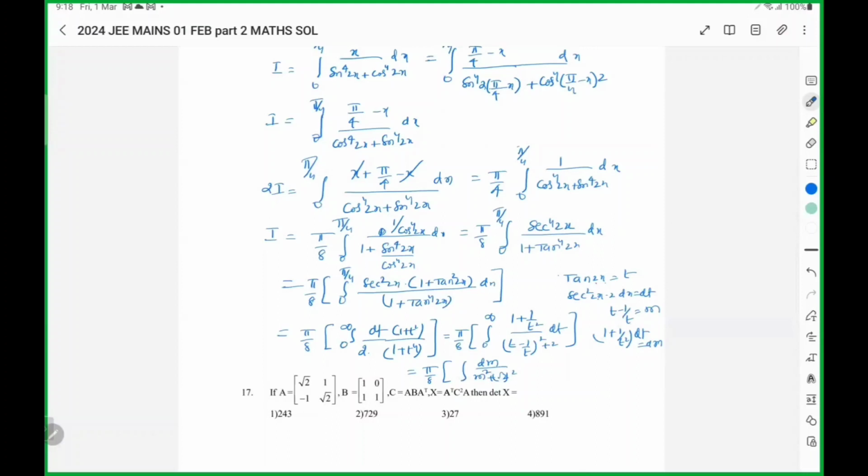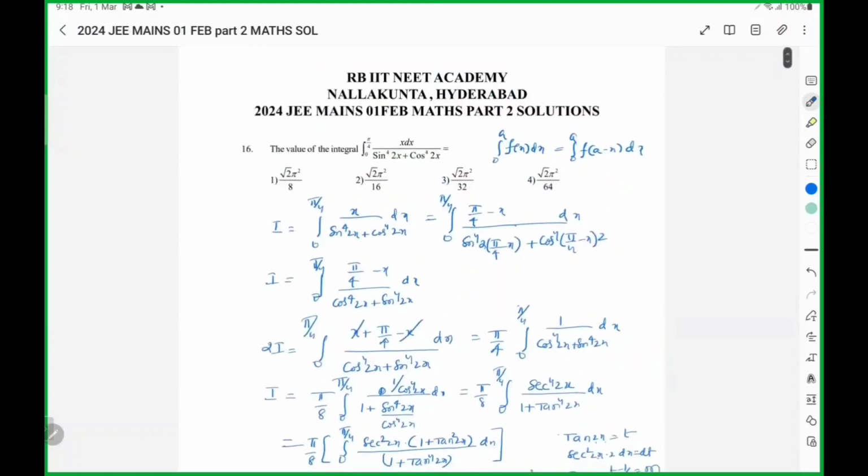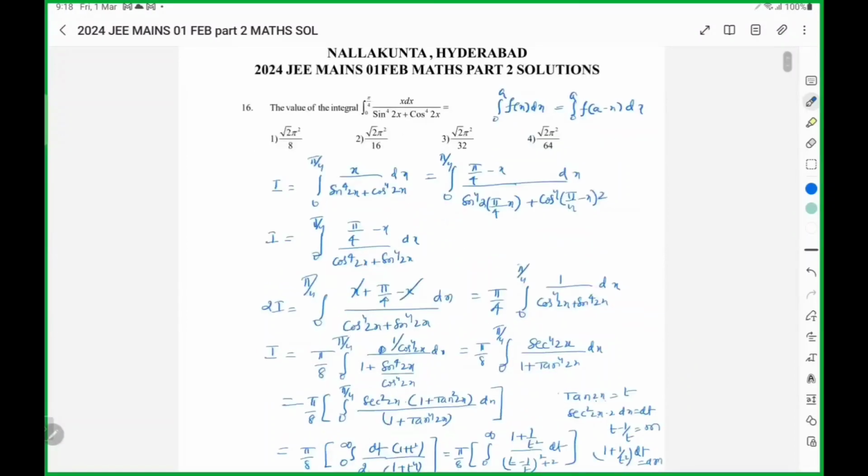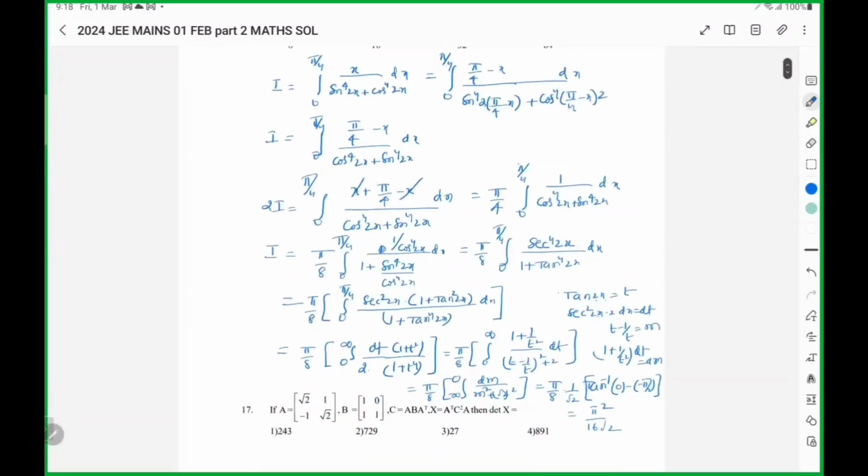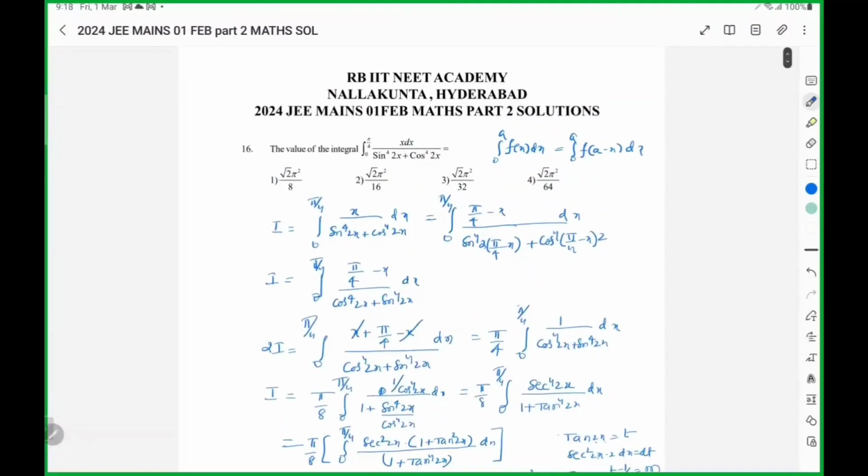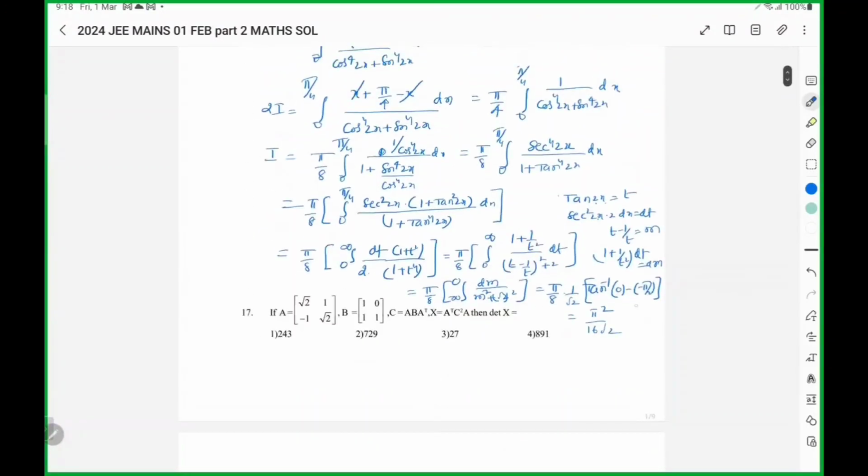When t is 0, m is minus infinity; when t is infinity, m is infinity. 1 by root 2 tan inverse, 0 minus pi by 2. So which is pi square by 16 root 2. It is multiplied by root 2. You get root 2 pi square by 32.